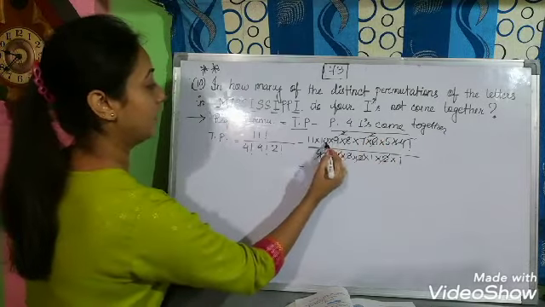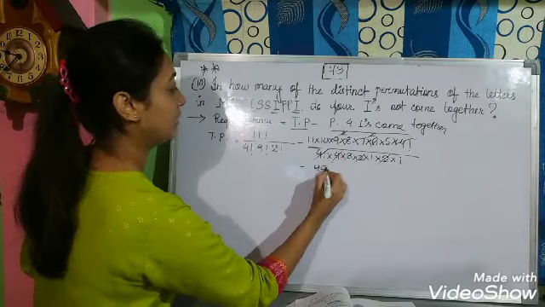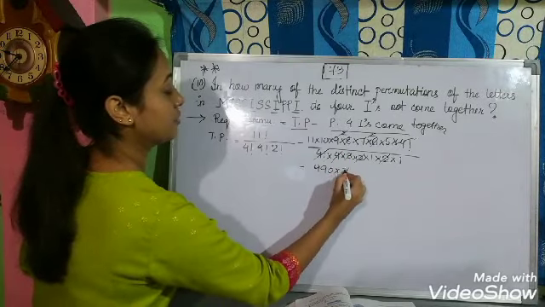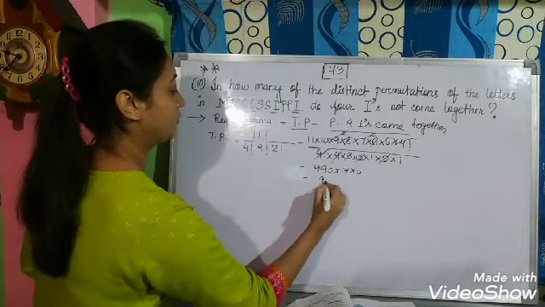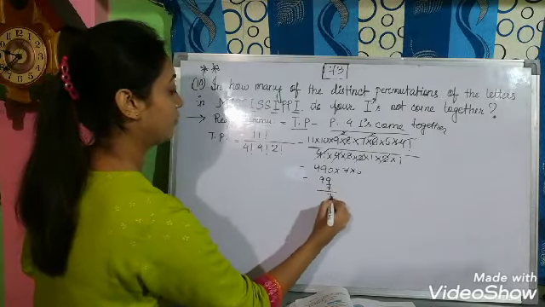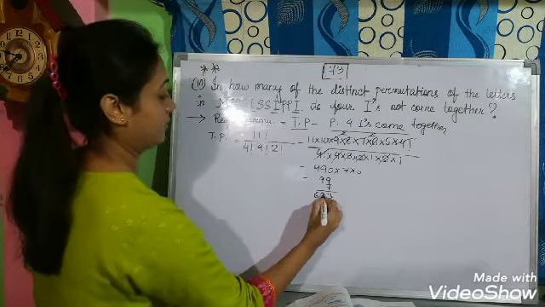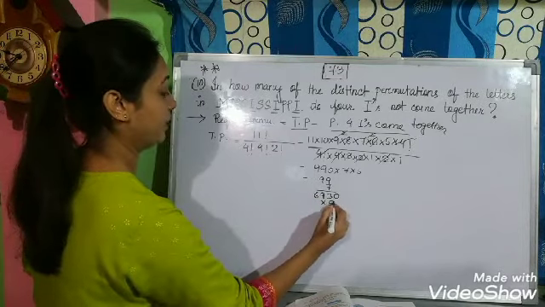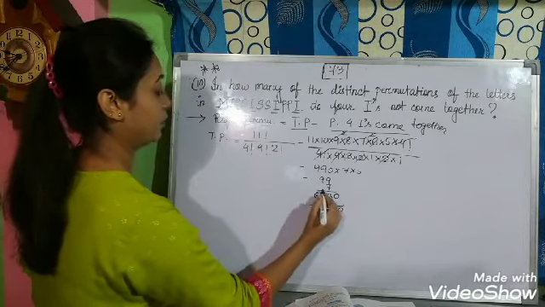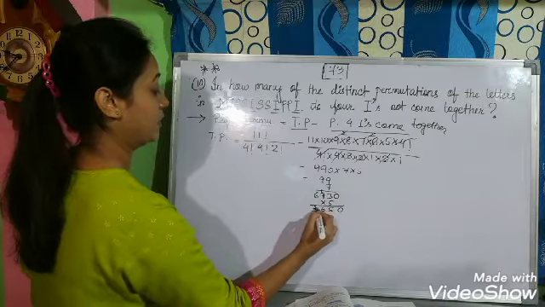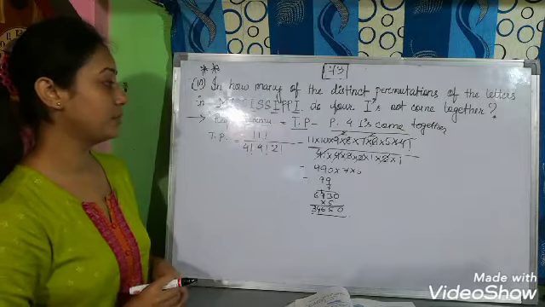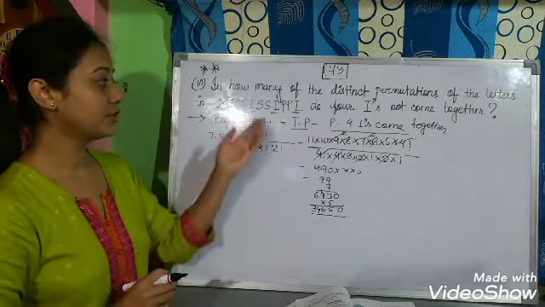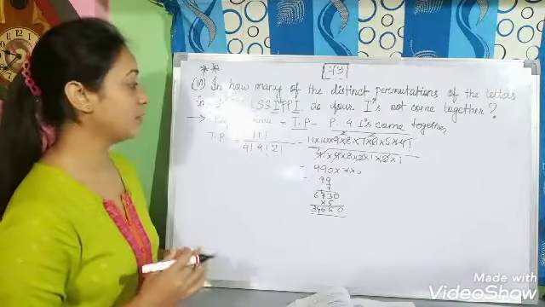So you are left with 11 into 10 into 9, that is 990, into 7 into 5, which is equal to 6930 into 5, 34650. So 34650 is the total permutations in which the letters of the word Mississippi can be arranged among themselves.